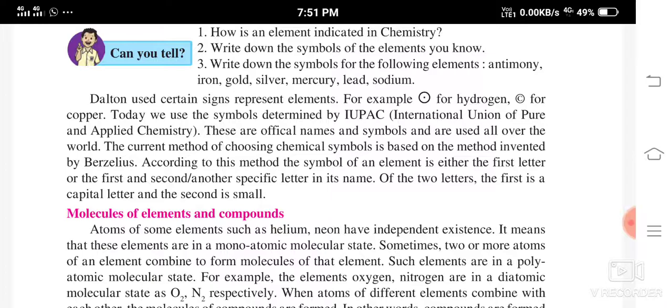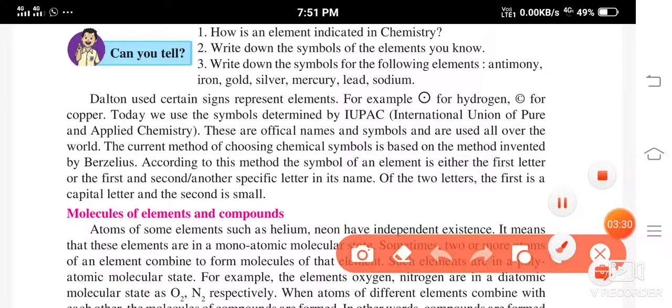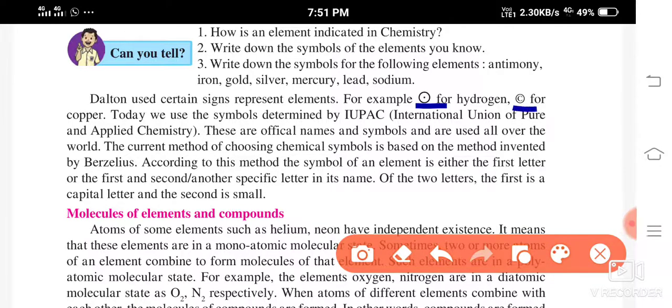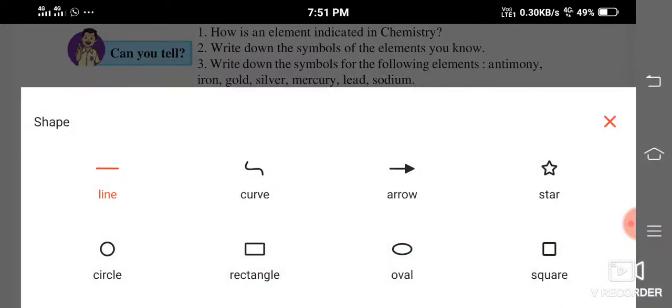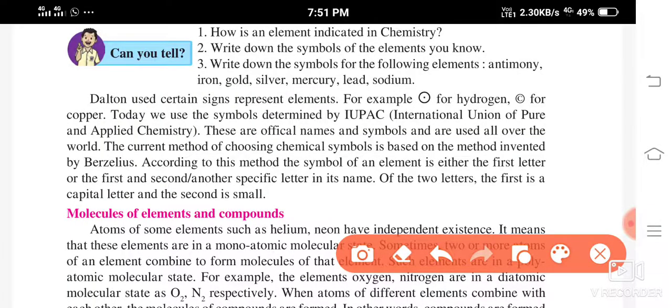Now Dalton used certain signs to represent elements, okay. So for example, you can see this is for hydrogen, this is for copper. Today we use the symbols determined by IUPAC, International Union of Pure and Applied Chemistry. During the time of Dalton such signs were used, but now such signs are not used.